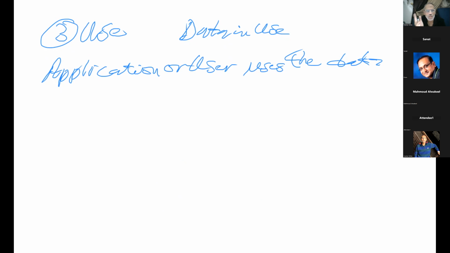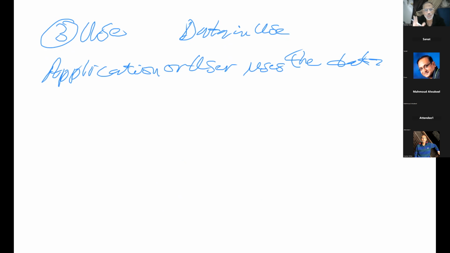It is not encrypted. In the store phase, it's already encrypted. In create, you create it and you store it with encryption. But here, it is not. And I will not be able to encrypt it, and I will not be able to apply any other controlling method or protection for it.